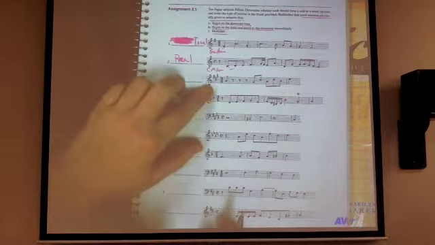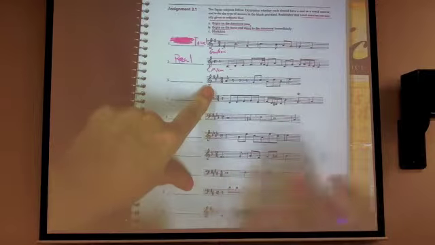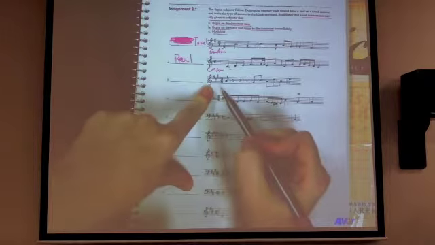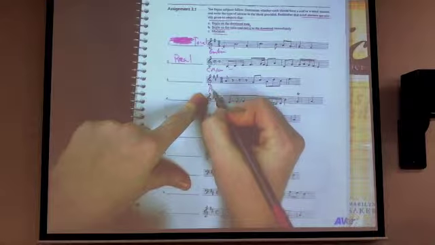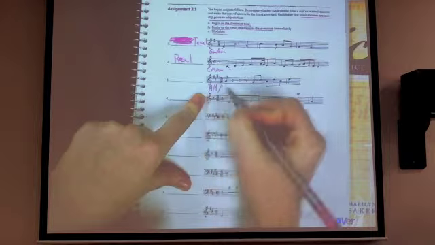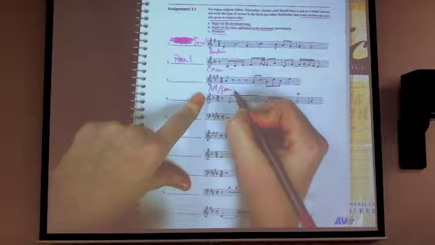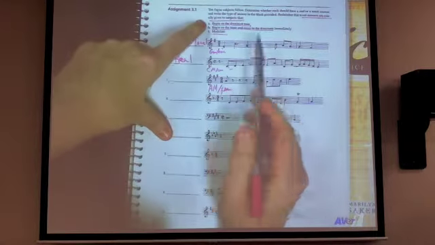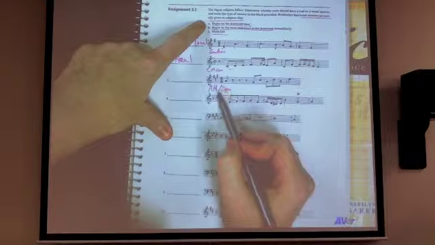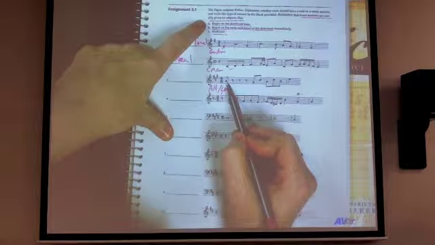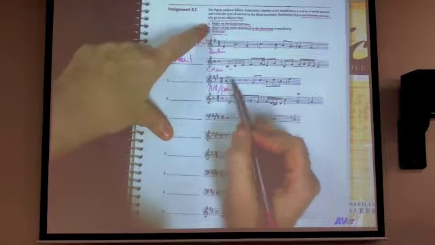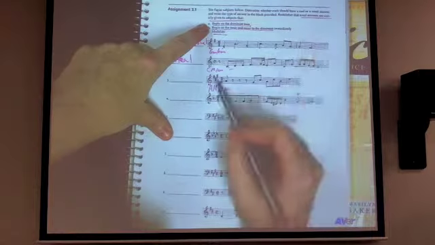All right, let's do one more. We've got 9/8 time. We're in the key of A major or F sharp minor. All right, so A, does it begin on the dominant tone? No, we're beginning on A, probably in the key of A major. Does the tonic move to the dominant?